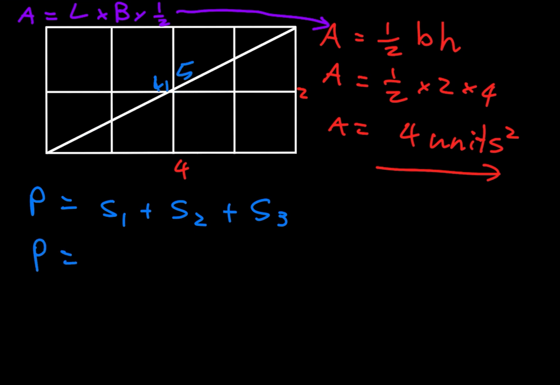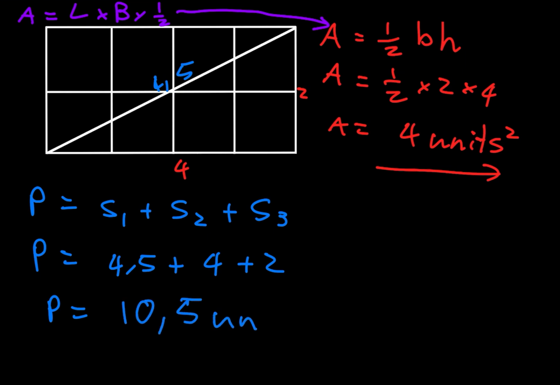So to calculate the perimeter of any triangle, we simply just add up the side lengths. So we'll have 4.5 plus 4 plus 2, which will give us a total perimeter of 4.5 plus 4, which is 8.5 plus 2, which is 10.5 units.